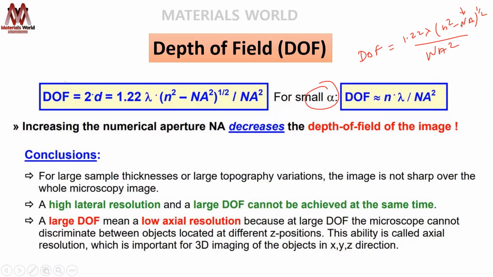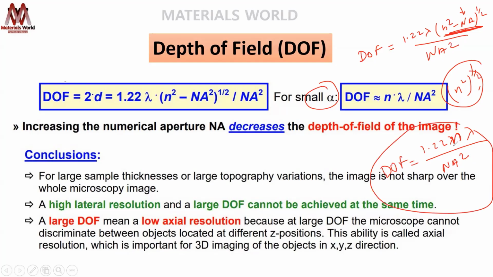So n squared minus a very small number is n squared, and n squared to the power half is nothing but n. So this whole fraction gives you n. So it is 1.22 n lambda by NA squared. This is the depth of field. So you can relate lambda and NA squared, right?